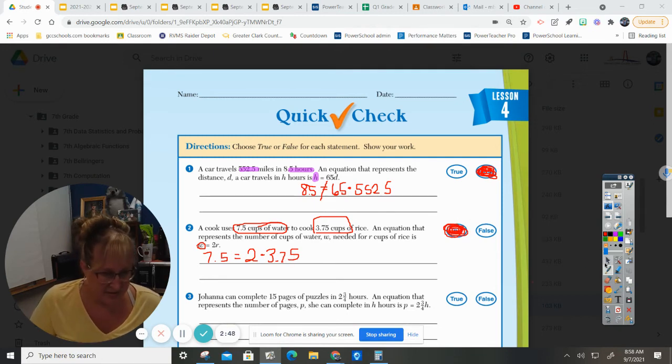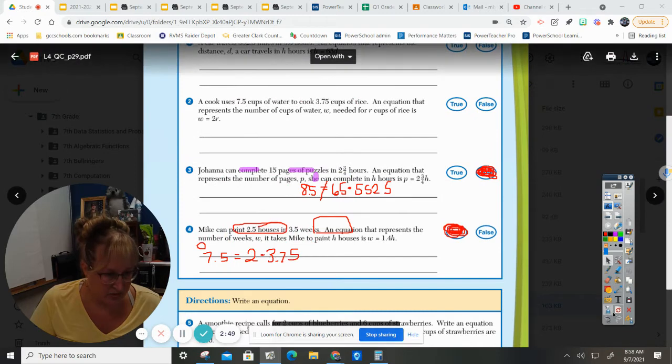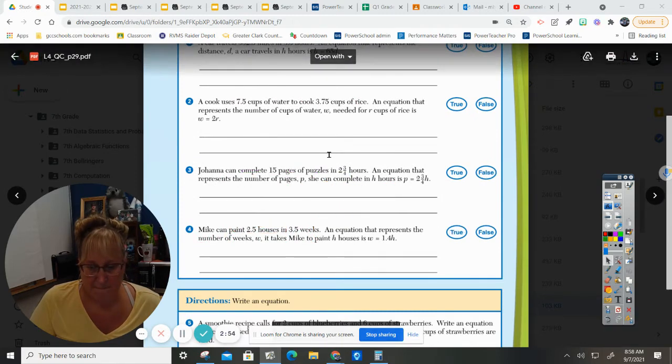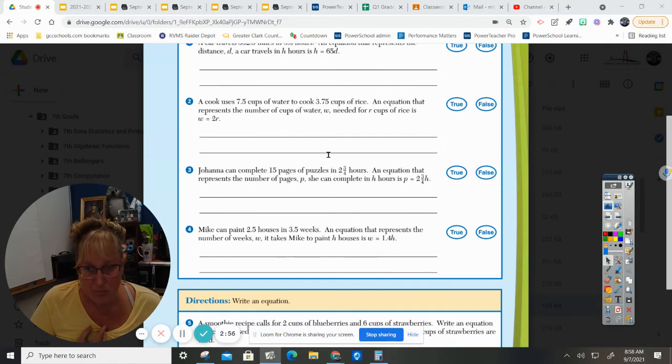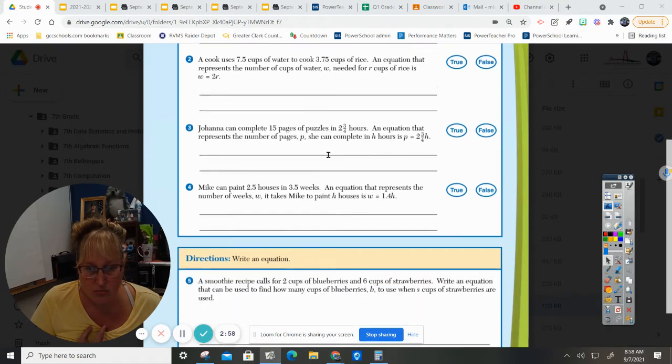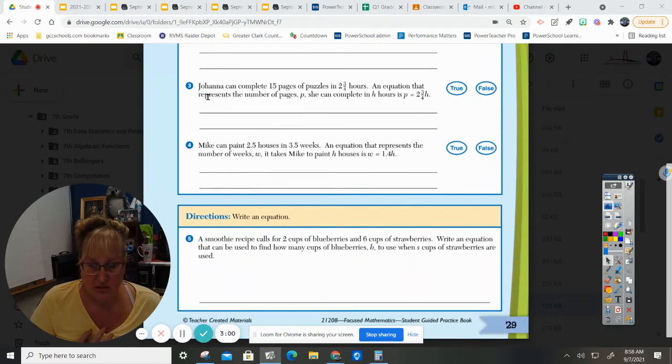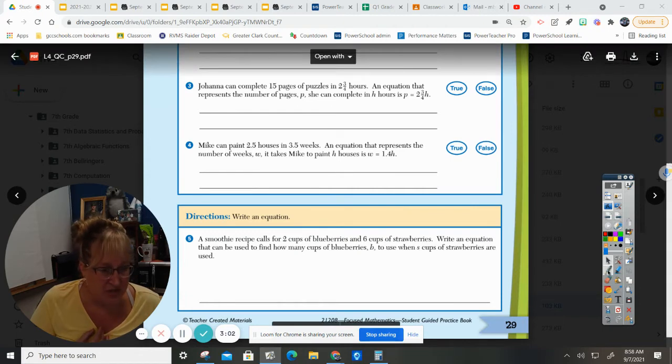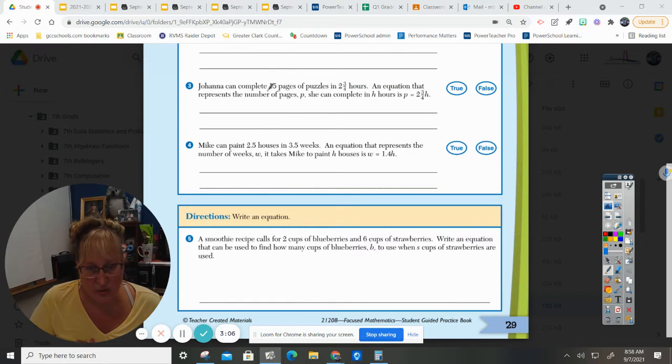Okay, I again have the same sort of situation. I can move this up a little bit. So then I got the rest of the page. Joanna can complete 15 pages of puzzles in 2 3/4 hours. An equation that represents the pages she can complete in H hours is pages.